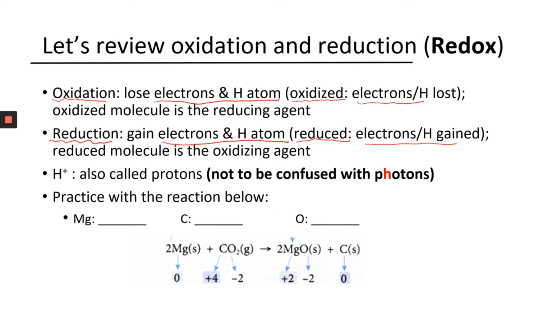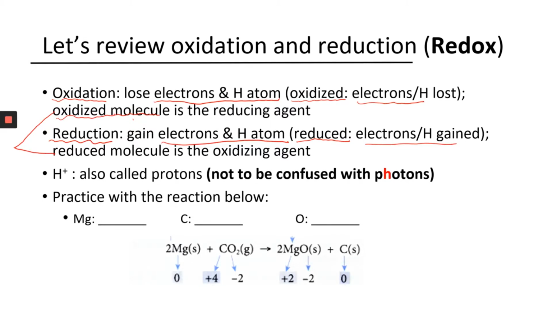Okay, now it takes a while to get used to. So besides oxidation and reduction, there's another thing that I need you to remember. So the oxidized molecule, okay, remember, if the molecule loses electrons and hydrogen atom, it's oxidized, right?